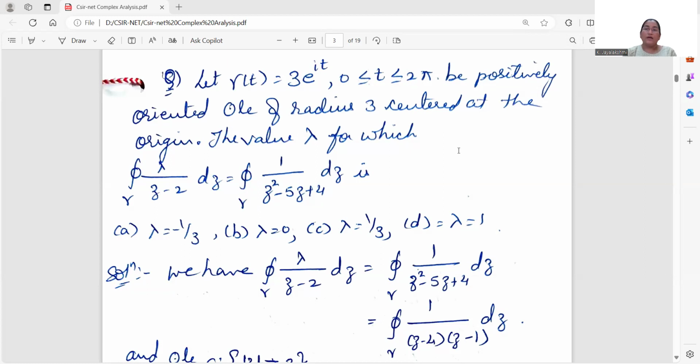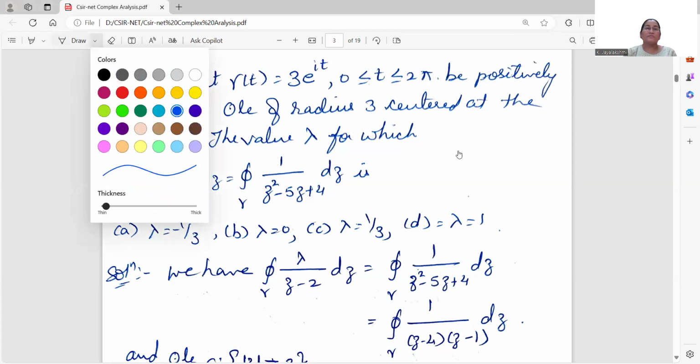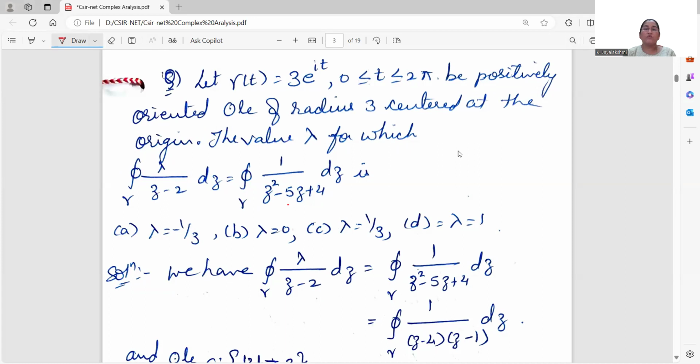The value of lambda for which the integral over gamma of lambda/(z minus 2) dz equals the integral over gamma of 1/(z² minus 5z plus 4) dz is. The options given are lambda equals minus 1/3, lambda equals 0, lambda equals 1/3, and lambda equals 1.